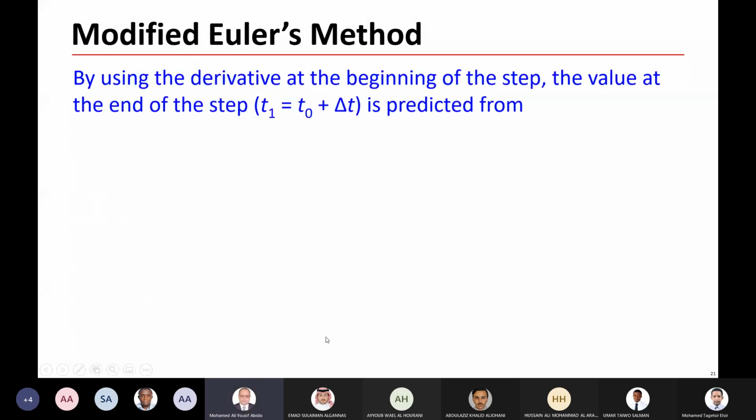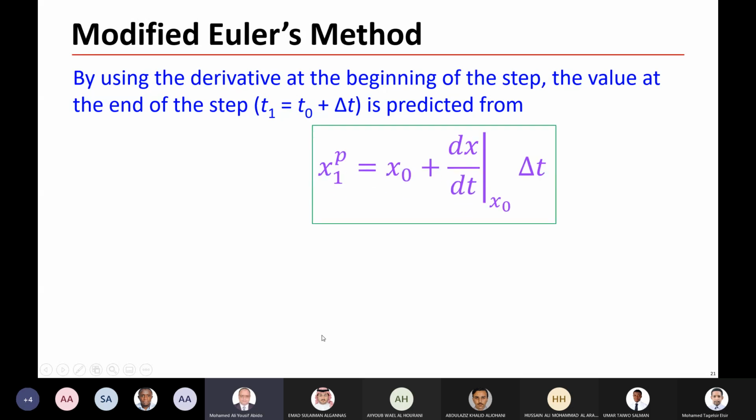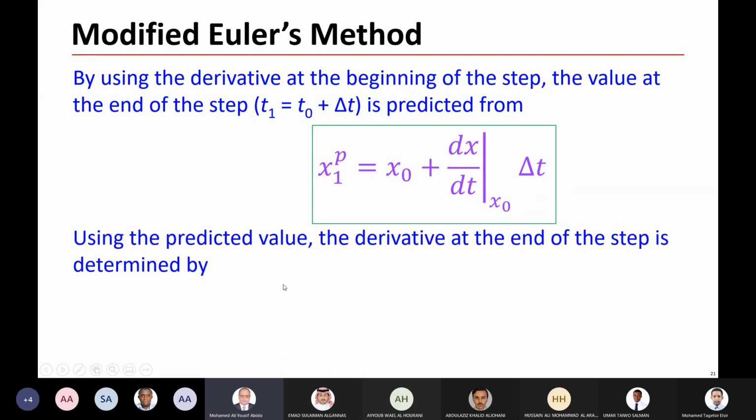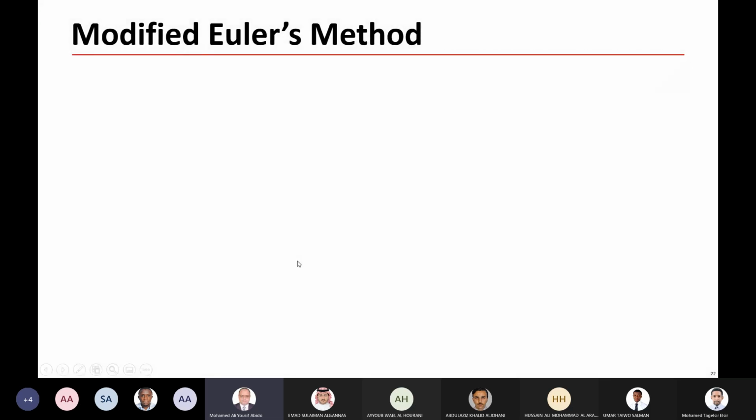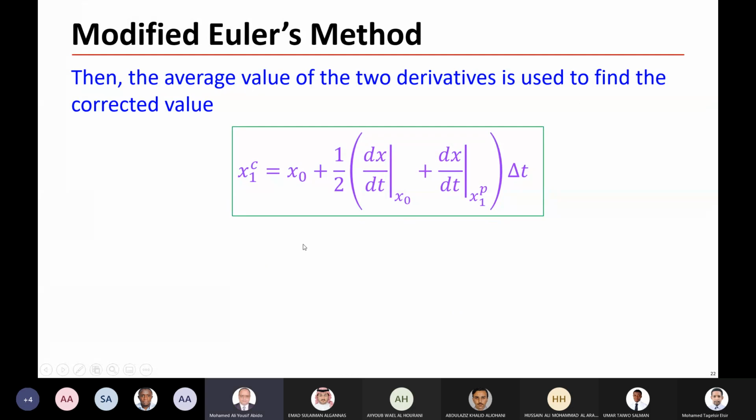By using the derivative at the beginning, the value at the end of the step is predicted from this. You can have x1 equal to x0 plus the slope times delta t. And then you can calculate dx by dt at x1 predicted. So you calculate it at x0, and then you calculate it at x1 predicted, and then you can get the average derivative.